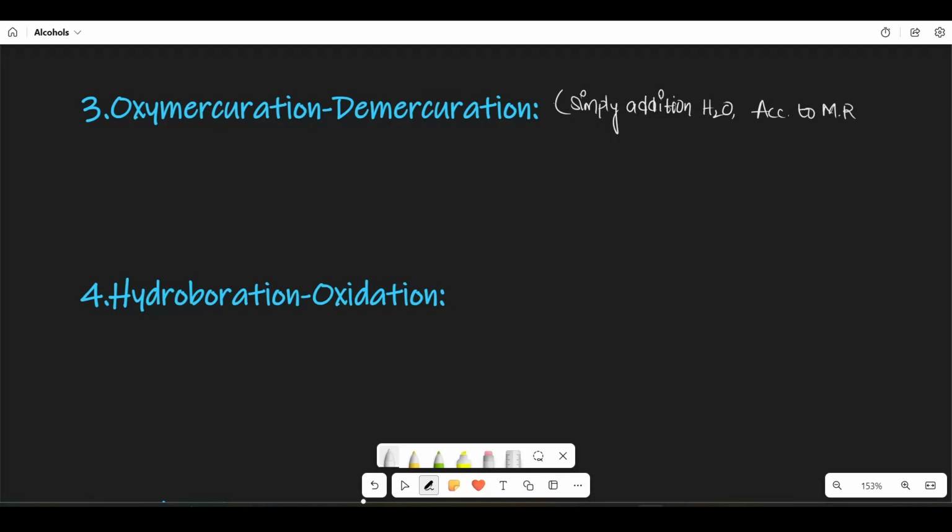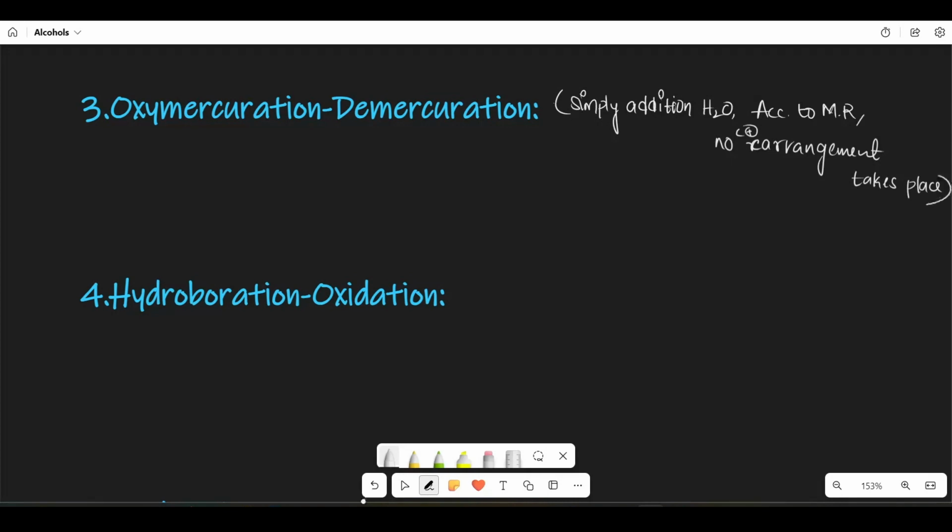One more condition is that here no rearrangement takes place. This is one important thing over here. In acid catalyzed hydration, carbocation rearrangement takes place.